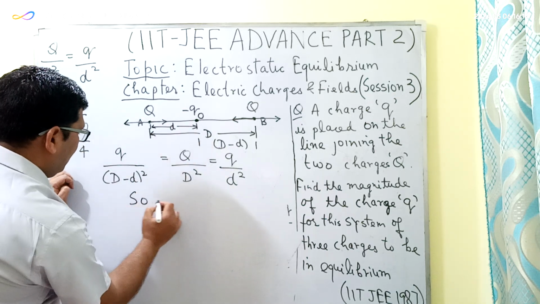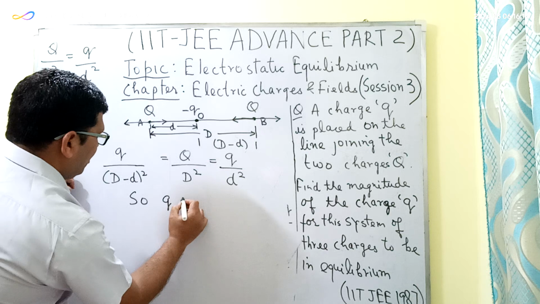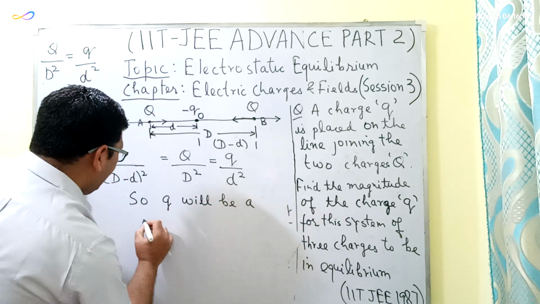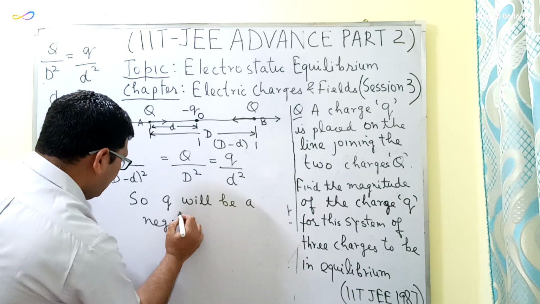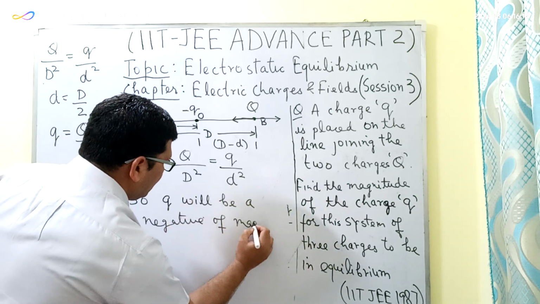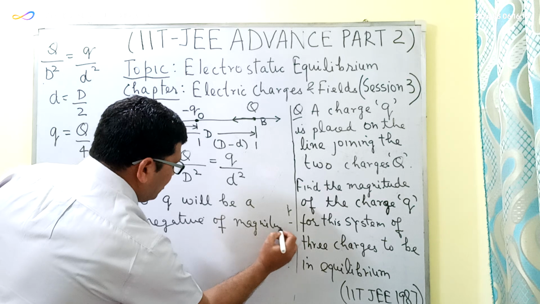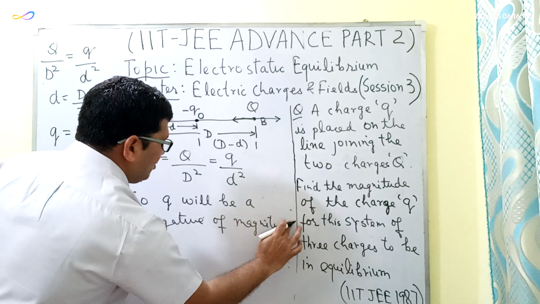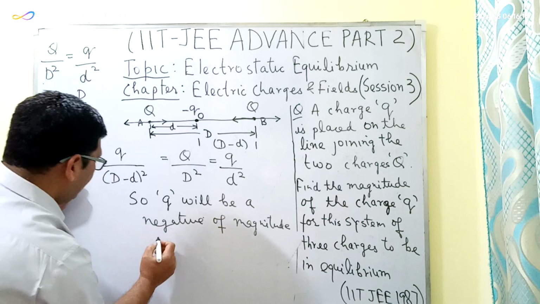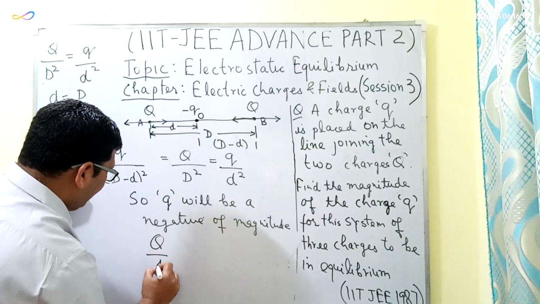So q will be a negative charge of magnitude Q divided by 4.